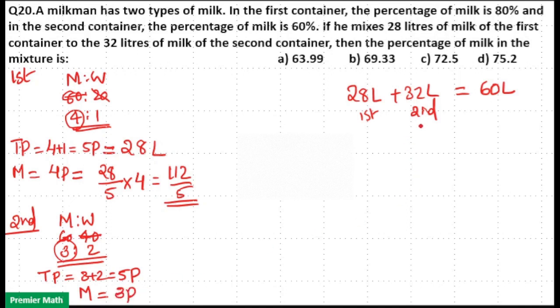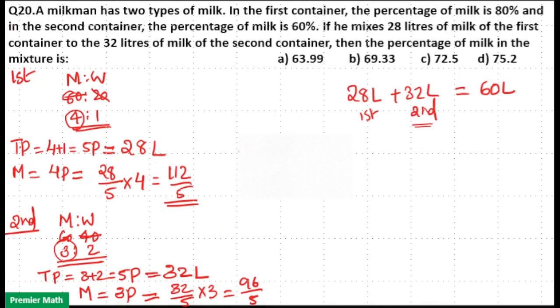The milkman has taken 32 liters from the second container, so 32 liters has 5 parts. Then 1 part is equal to 32 by 5. Milk in the 32 liters is 3 parts, that is 32 divided by 5 into 3, which is 96 by 5.